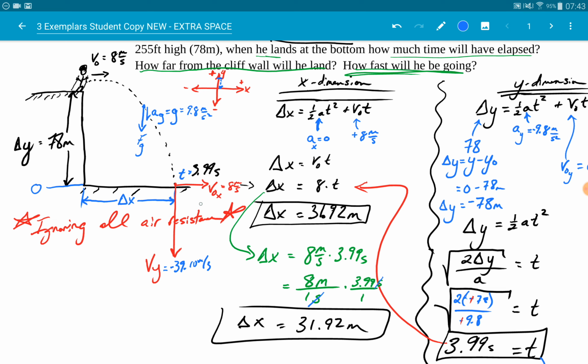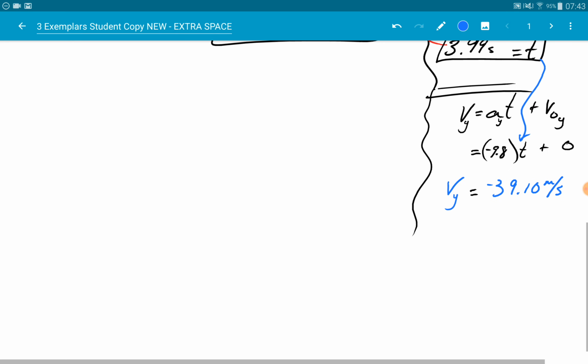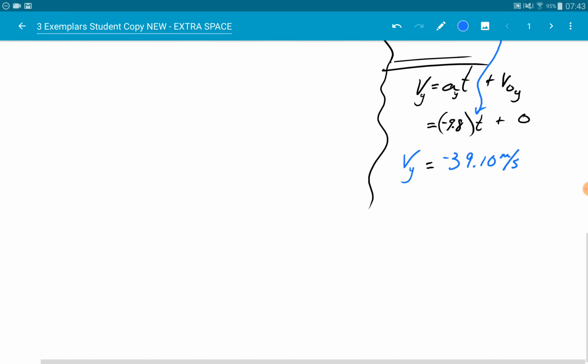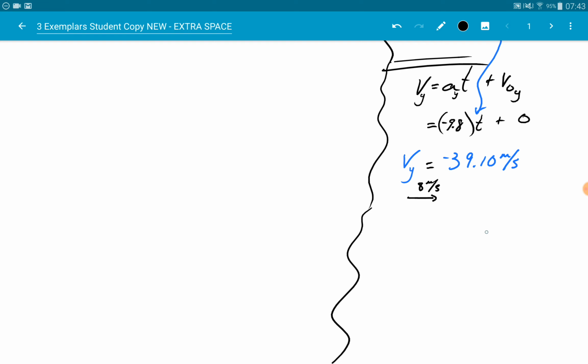Okay, so now I need to add these vectors together. So let's do that. I'm going to redraw it down here. And we had this 8 meters per second over there. And remember, I can move vectors around, so I'm going to put the other one right here, and I'll list it as positive.